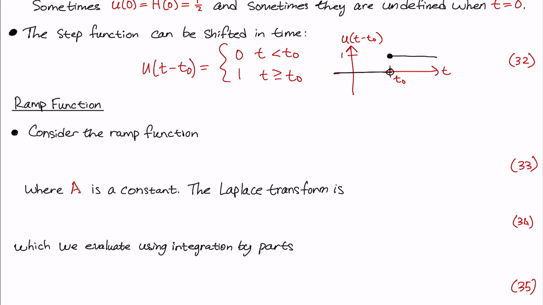All right, we're going to look at the ramp function, which is actually the integral of the step function. f(t) is equal to 0 for t less than 0, and then a t for t greater than or equal to 0, where a here is a constant.